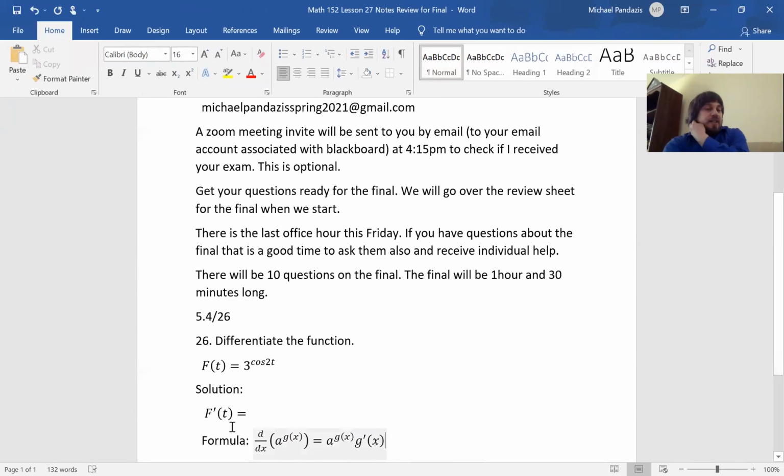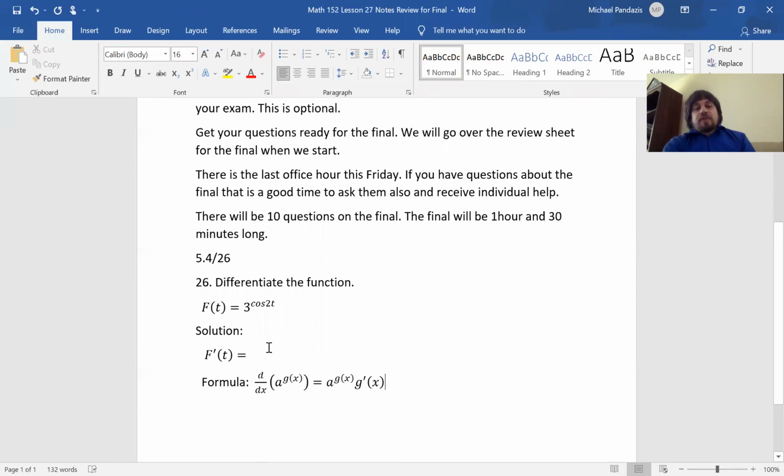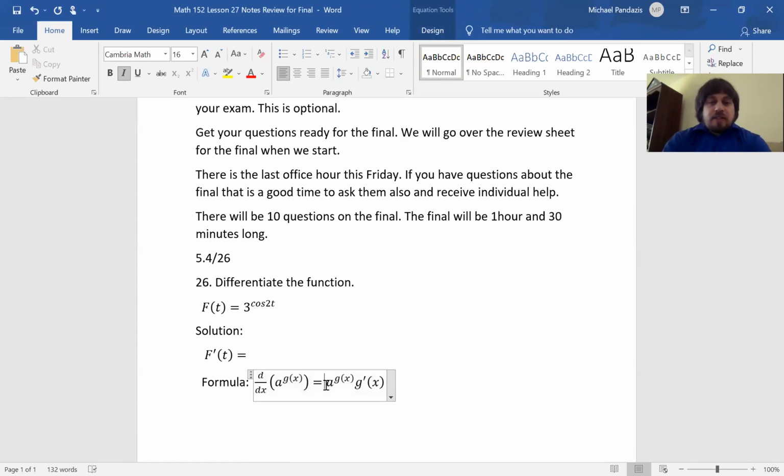Here we're using x and here it's t, so you have to change variables. And then it's ln of a in front.